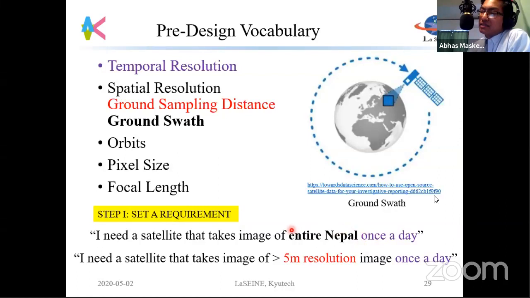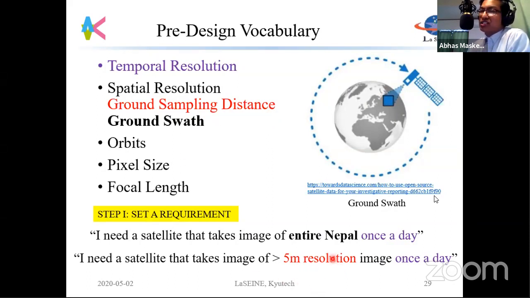Entire Nepal shows an area, so that means we're talking about ground swath. In case of another requirement where we say, I need a satellite that takes an image which is less than 5-meter resolution in any given day, then we're talking about ground sampling distance, GSD, this 5-meter resolution.